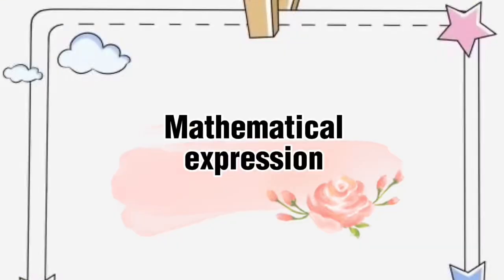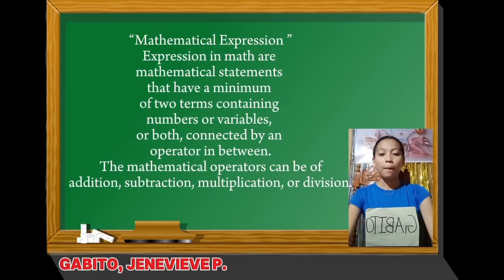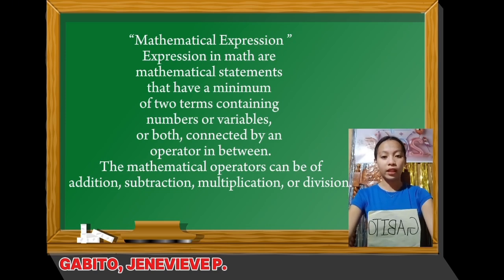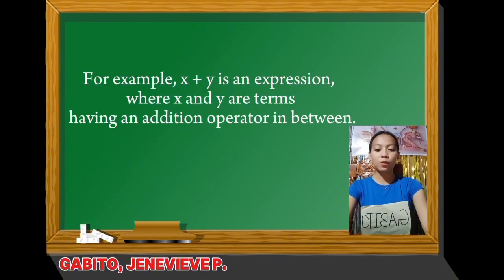Mathematical expression. Expressions in math are mathematical statements with a minimum of two terms, containing numbers or variables, or both, connected by an operator in between. The mathematical operators can be addition, subtraction, multiplication, or division. For example, x plus y is an expression where x and y are terms with an addition operator in between.